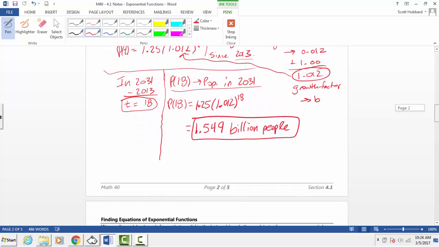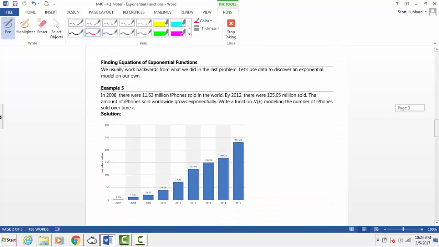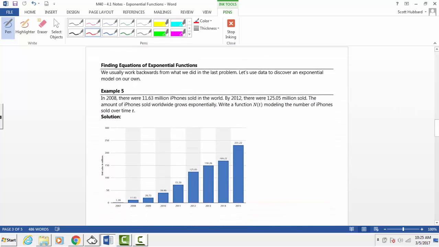Okay, let's do one more, make sure we're okay, and we can do it from a chart as well. Just remember, anything that has percent growth, where the percent growth rate is constant, then we use an exponential model.